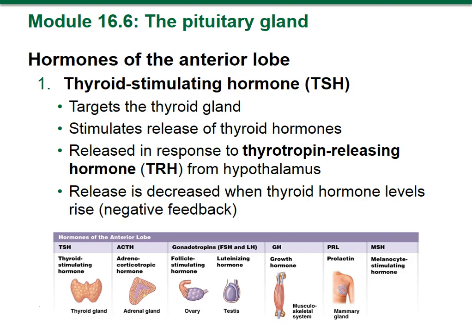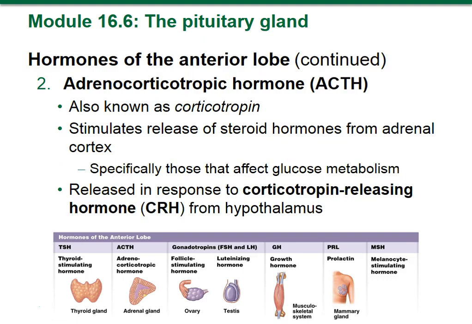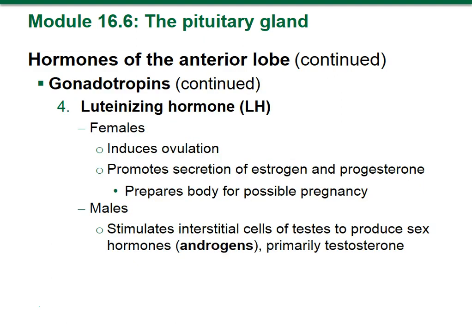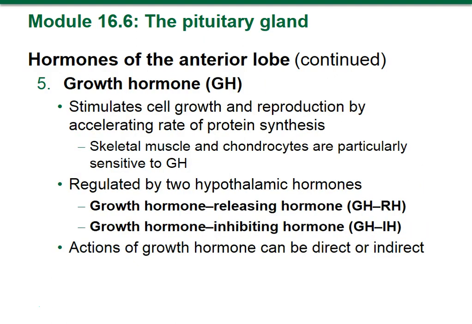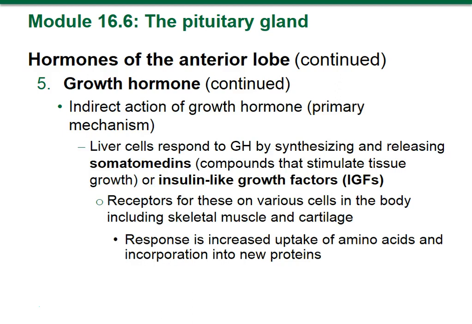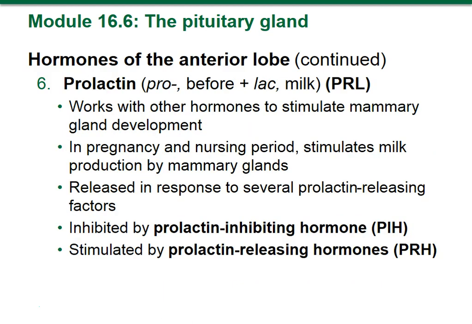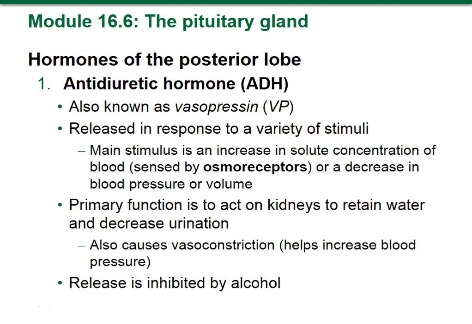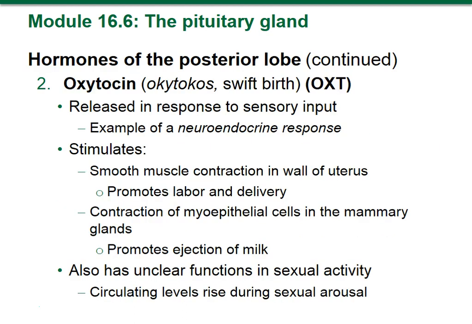Okay, so by the anterior lobe, thyroid stimulating hormone, adrenocorticotropic hormone, and of course you can just remember the letters, acronym. The follicle stimulating hormone, luteinizing hormone, growth hormone, prolactin, melanocyte stimulating hormone. So those are the 7 by the anterior, and the posterior antidiuretic hormone and oxytocin.